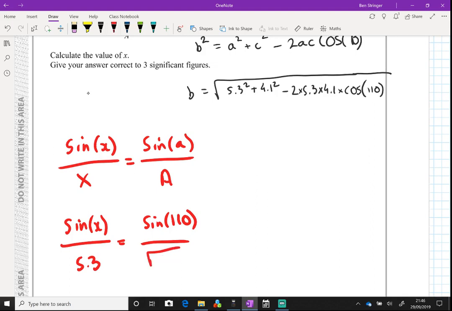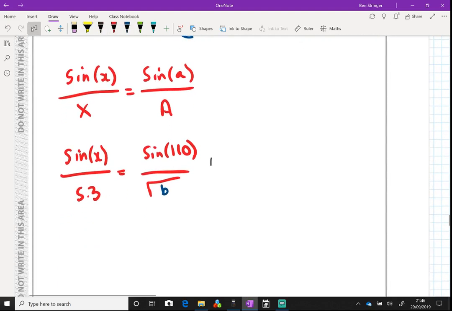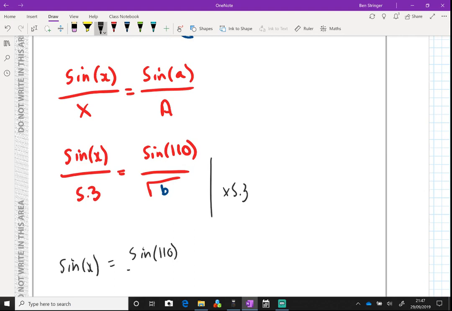Obviously don't write that to the examiner. Square root of answer, or square root if we like. We assign this B. That's a big number though. Times both sides by 5.3. Sine X equals sine of 110 over square root of that big thing we found times 5.3.